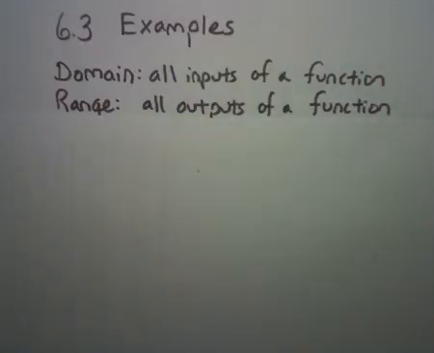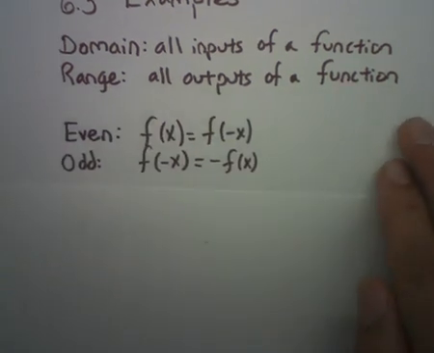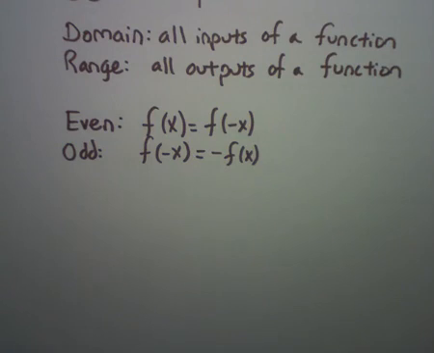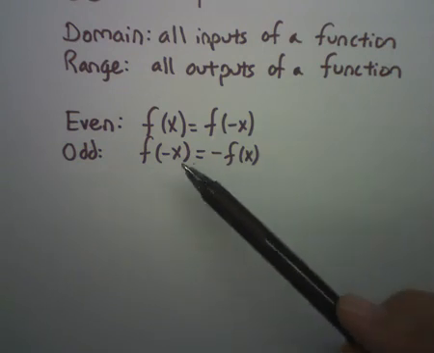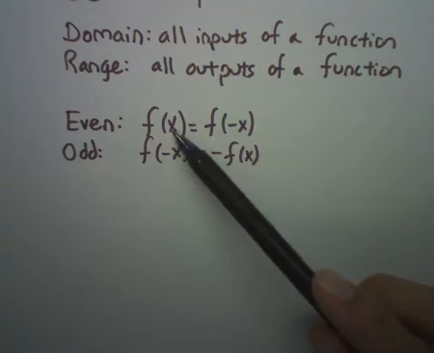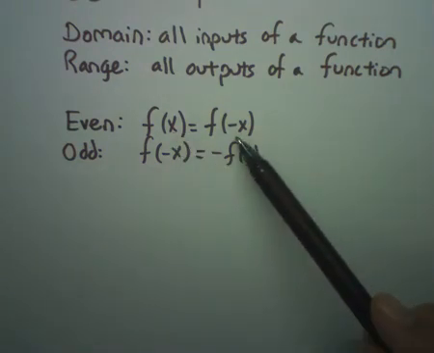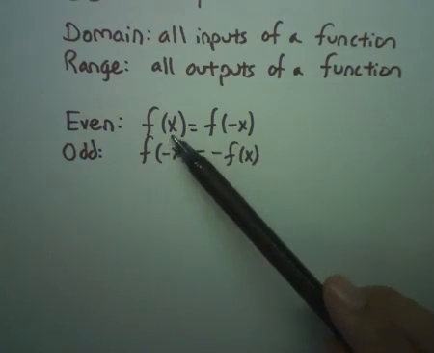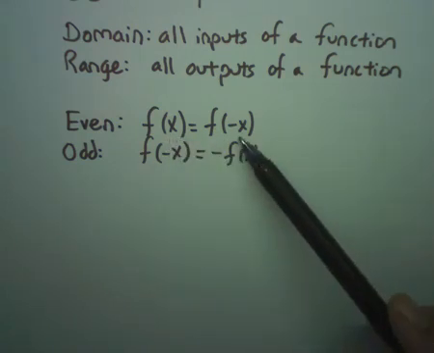So I also wanted to talk a little bit about even and odd. I just wanted to remind you that the idea for an even function is that when you plug in some value, you get the same result as if you'd plugged in the negative value. So maybe plugging in 30 degrees gives you the same thing as plugging in -30 degrees.